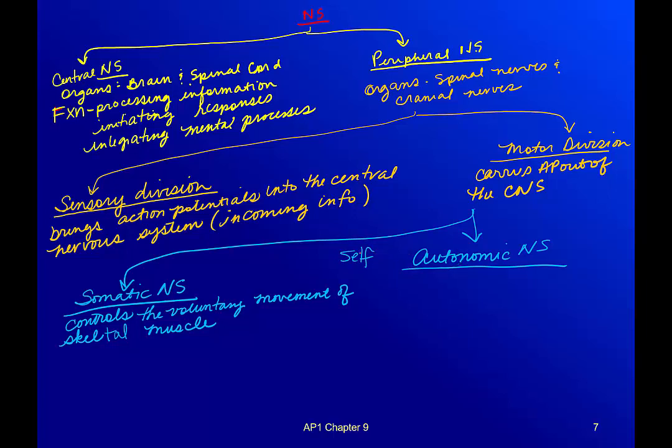Auto, remember, auto means self, right? So when it comes to the autonomic nervous system, this controls the involuntary movements of smooth muscle, cardiac muscle, and glands.